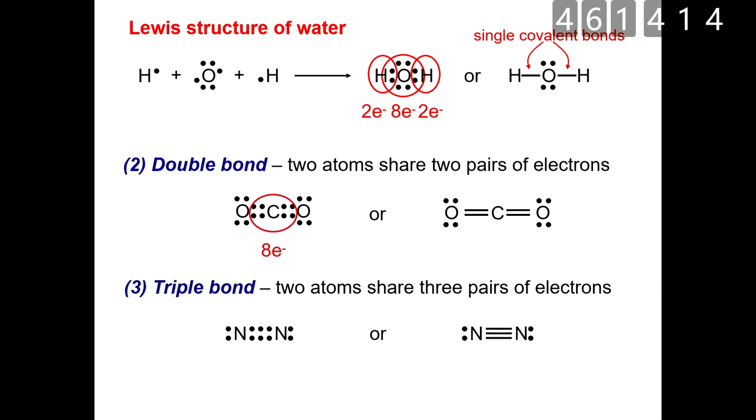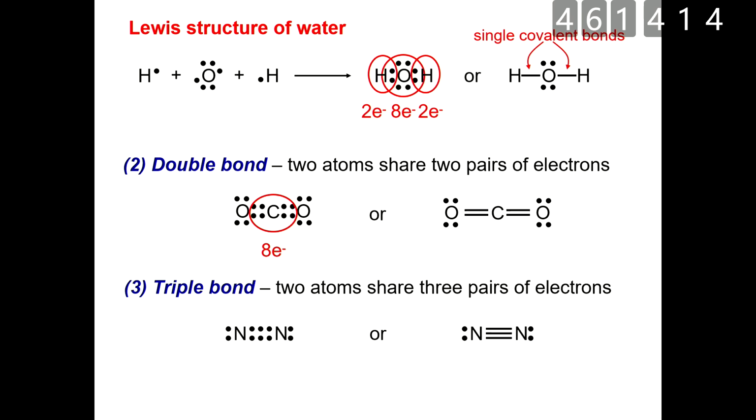So here we can see between the carbon and oxygen, they share 4 electrons. We know 2 electrons is 1 bond, so 4 electrons means 2 bonds. So between the oxygen and the carbon, it forms a double bond. Double bond means there are 4 electrons.